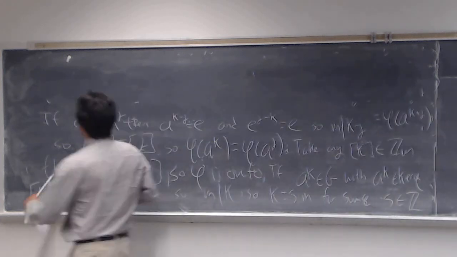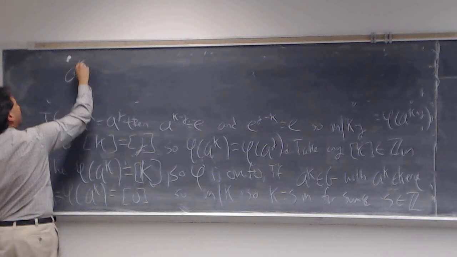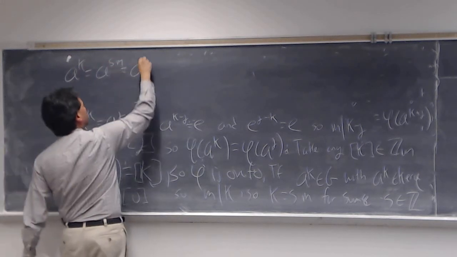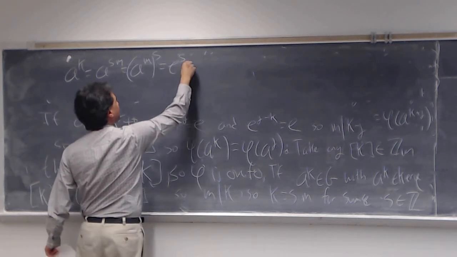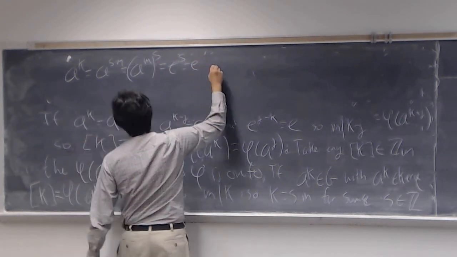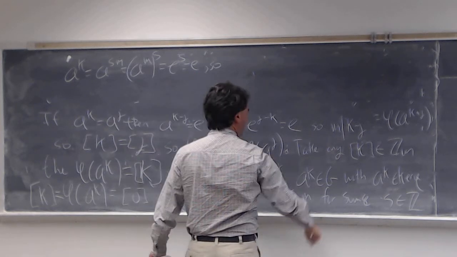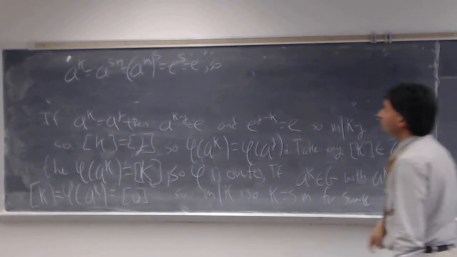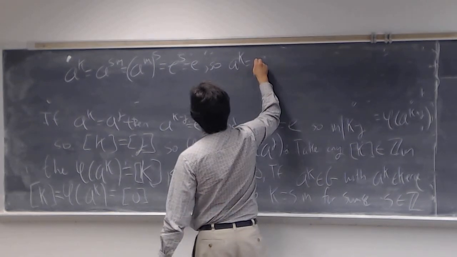And so if we look at a to the k equals a to the s times m, which is a to the m times s, but this is just e. So this shows us that if we take any element of G that's in the kernel, phi of G equals e.